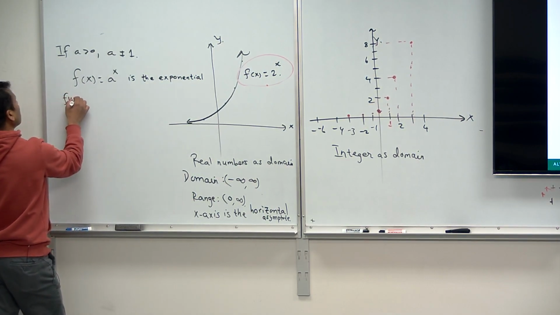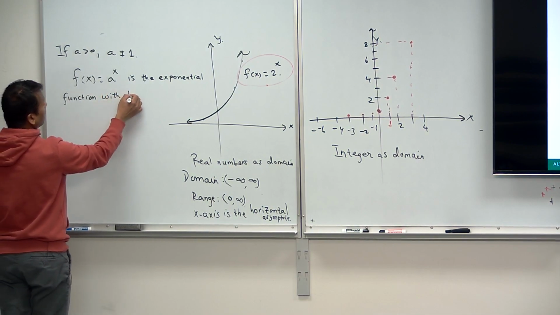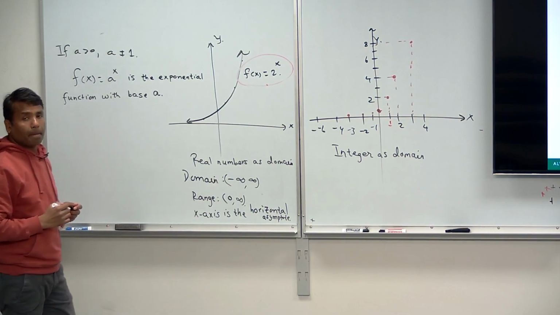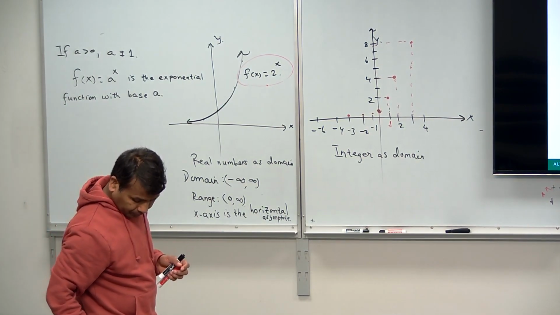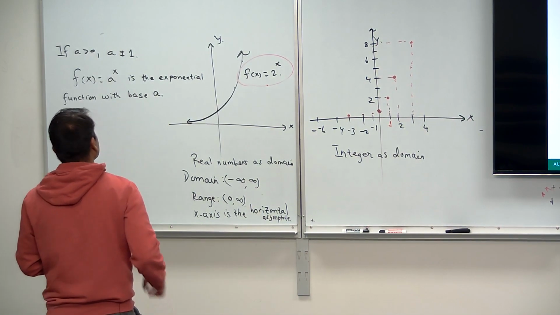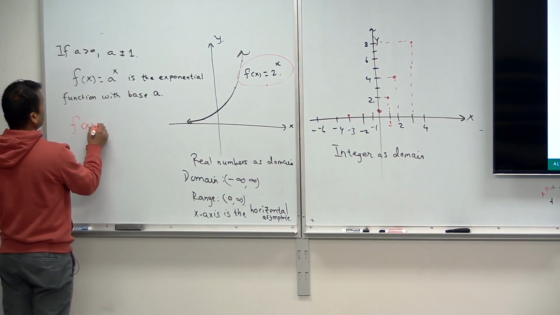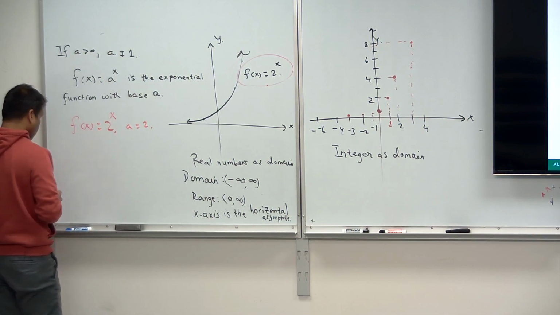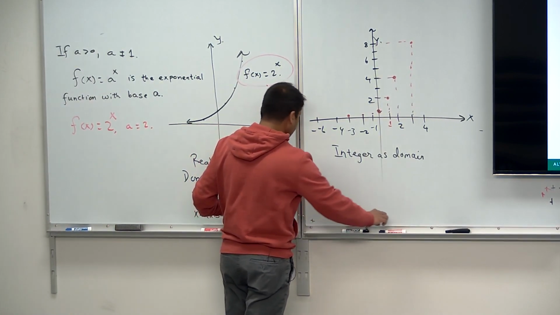f(x) equals a to the power x is the exponential function with base a. So this is an exponential function. Did you get it? Right? So now this is f(x) equals 2 to the power x. So this is an exponential function where base a equals 2. Did you get it?